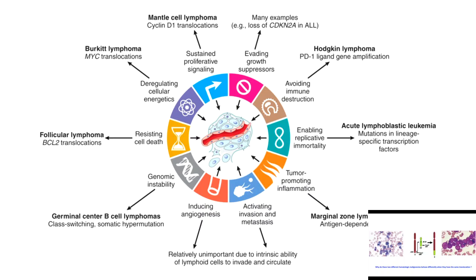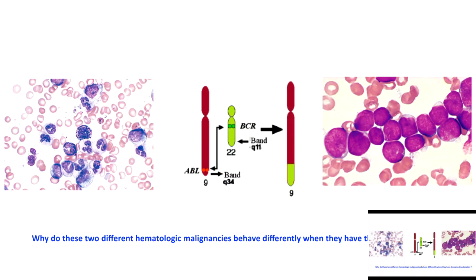Right, so before I wind up my lecture, just a couple of questions I would like you to think over. So I mentioned the Philadelphia chromosome in chronic myeloid leukemia and in acute lymphoblastic leukemias. So there's one chronic leukemia, another one is acute leukemia.